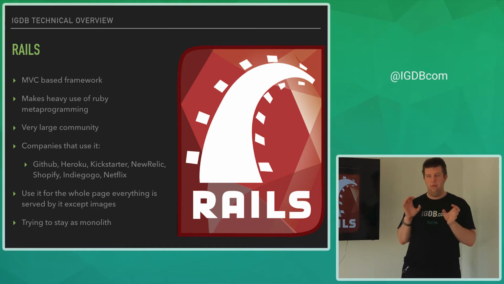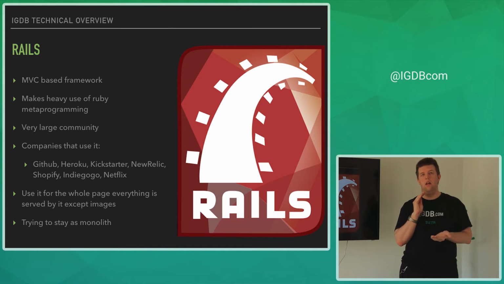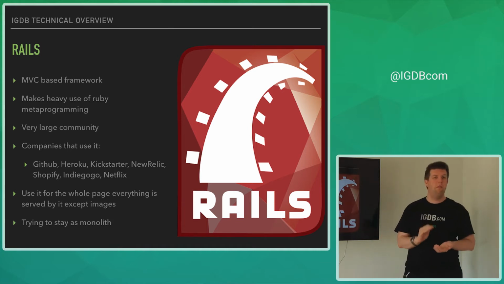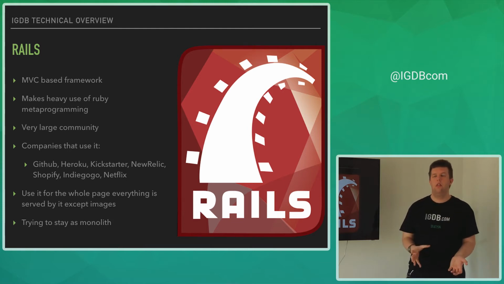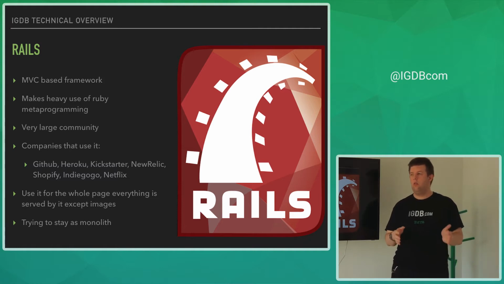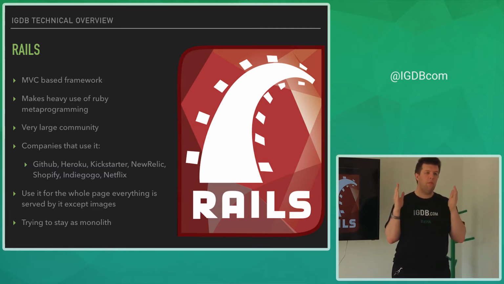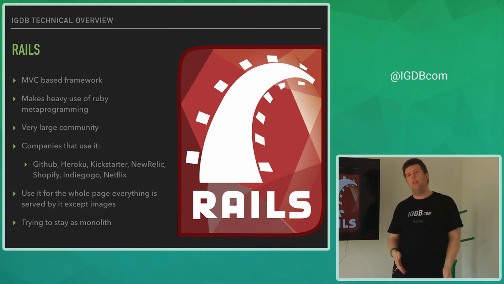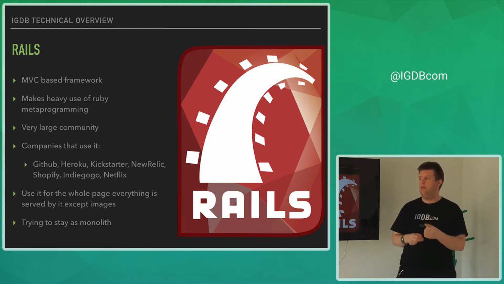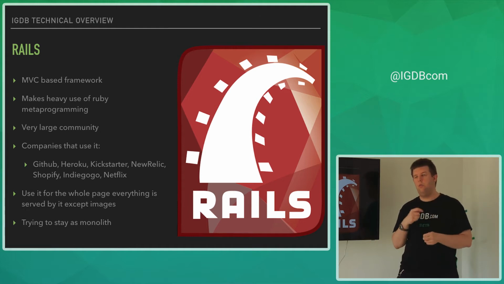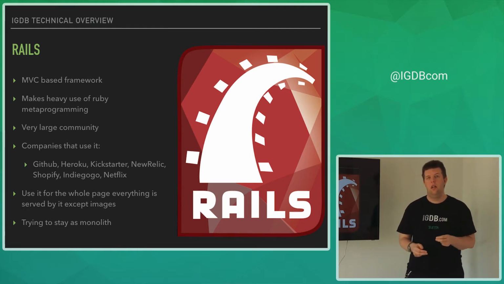And we are trying to make a monolithic Rails application, just because it's simpler. Once you start modularizing a lot, then it starts to get crowded with boundaries, and boundaries are very bad when you are trying to do agile programming.